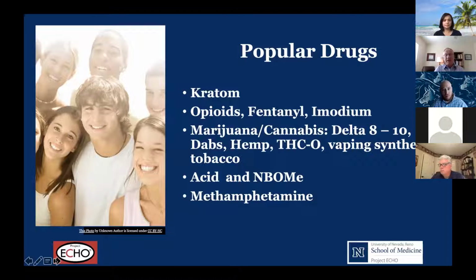We've had a lot of requests for these drugs, and topping them is Kratom, mitragynine. So we'll talk a little bit about Kratom. Opioids, from fentanyl to Imodium. Marijuana: when somebody says they're smoking marijuana, it's like, what kind? That goes between the moon and the bottom of the ocean. There are so many cannabis products out there.